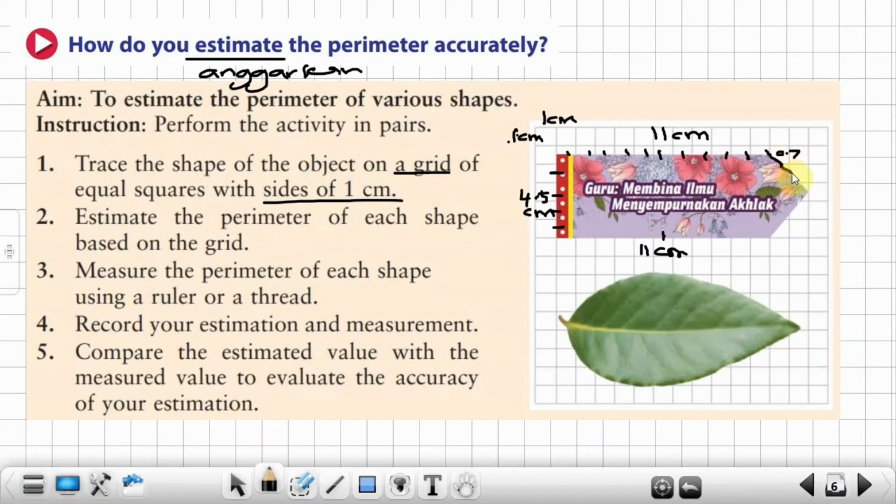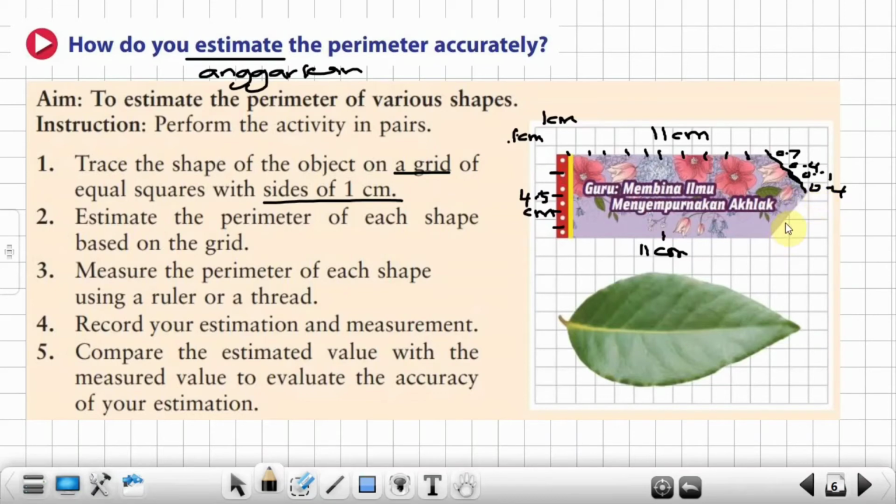This one, the small part, it may be 0.4. The other box here, maybe same with here, 0.7. And this one, same with here, 0.4. So you need to estimate the value.